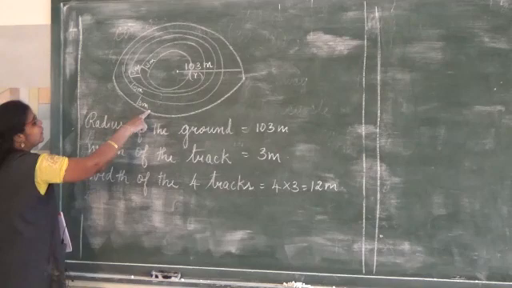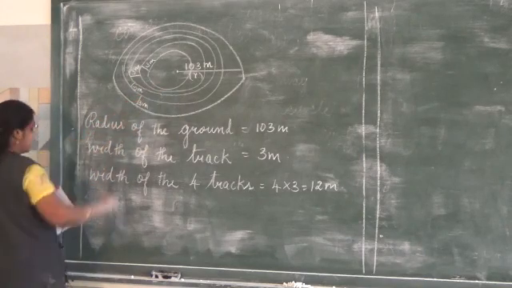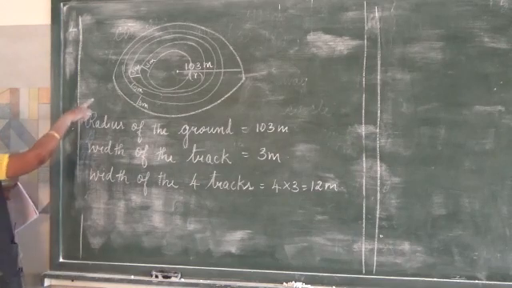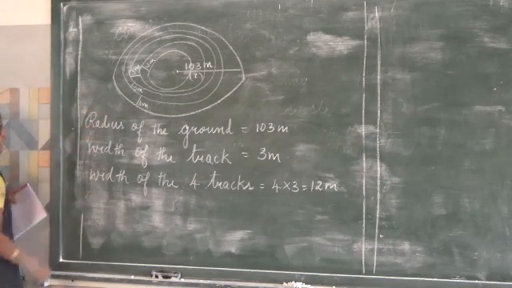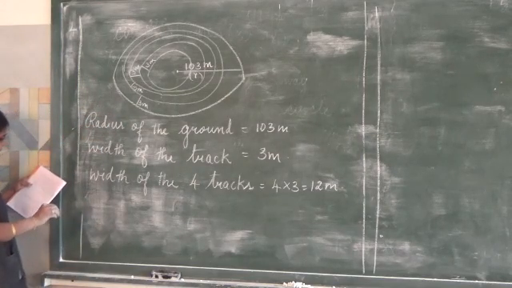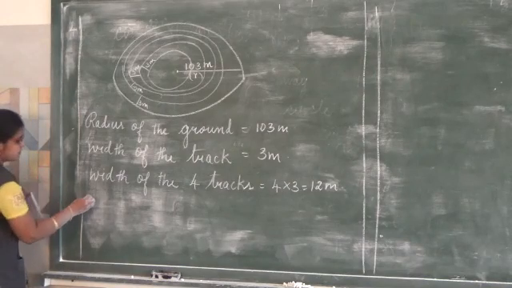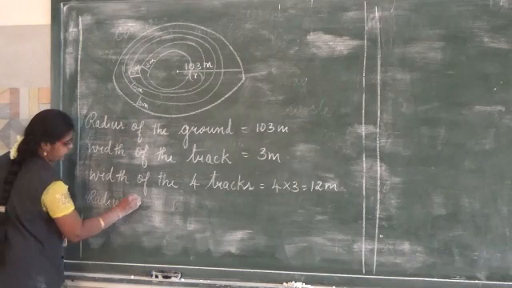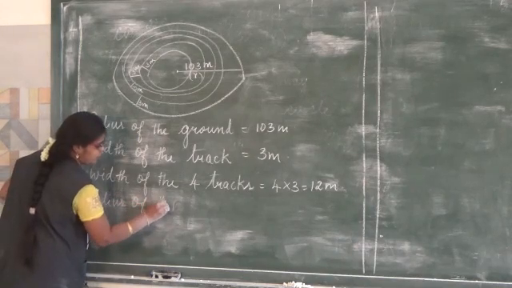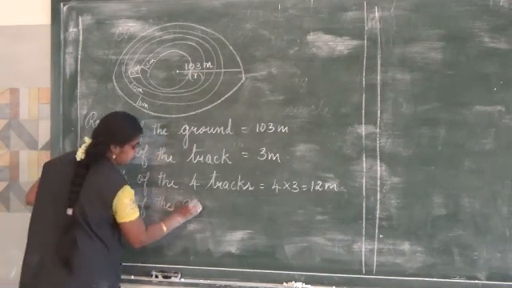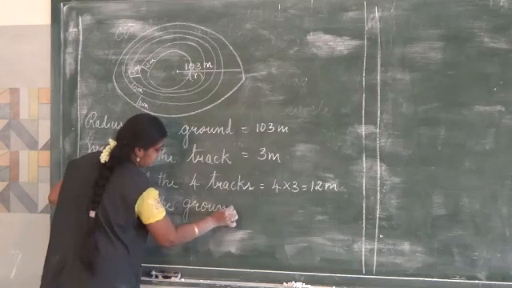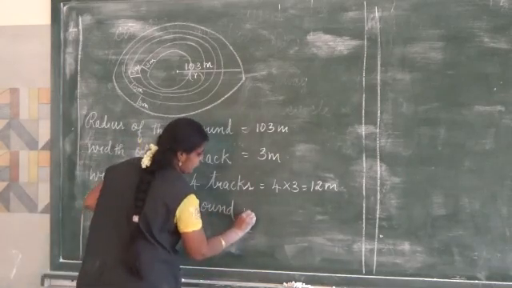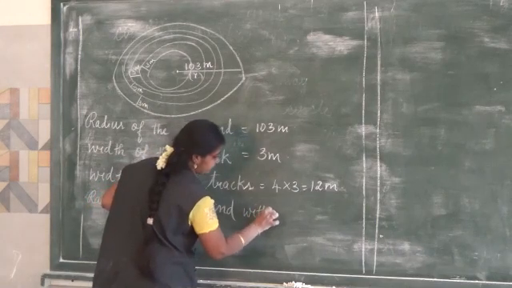So now radius of the outer circle is the radius of the ground without the track is 103 meter.